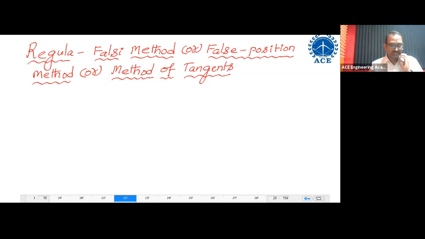Same bisection method diagram only, you can draw. Draw the same diagram that we have drawn in the bisection method.